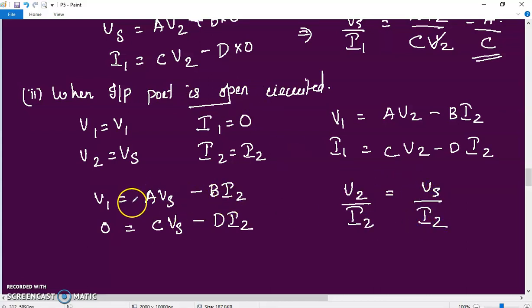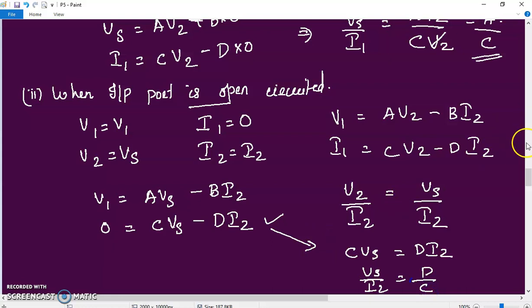We can find Vs by I2 from the second equation. Both Vs and I2 are there in the second equation, that is C into Vs is equal to D into I2. Therefore Vs by I2 is equal to D by C.